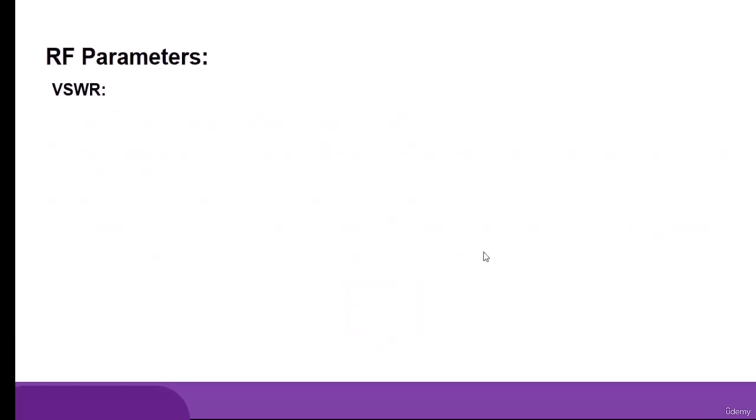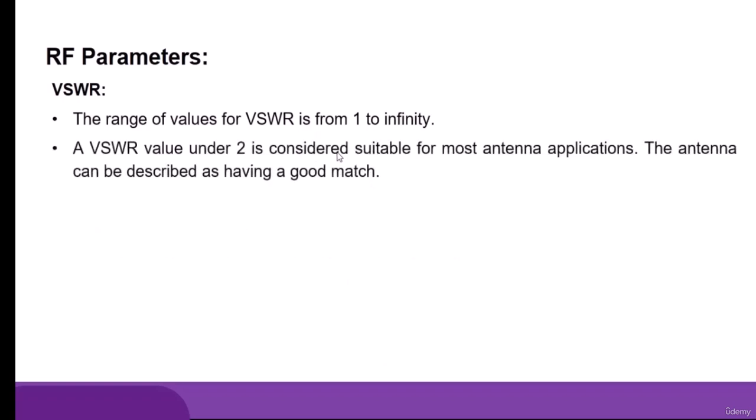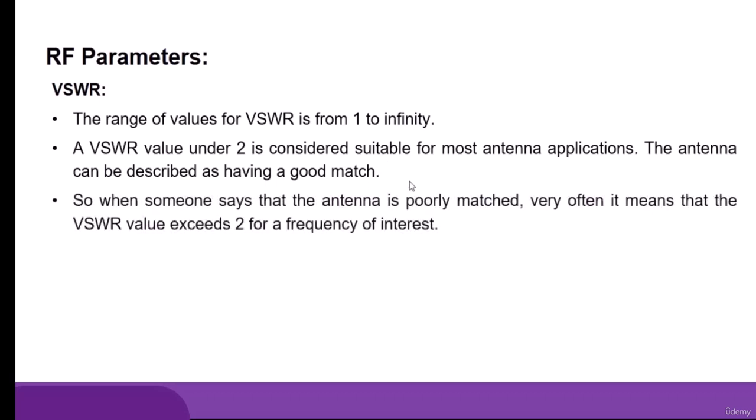The range of VSWR is from 1 to infinity and a VSWR value under 2 is suitable for most antenna applications. So if the VSWR value is under 2, the antenna can be considered to have a good match. If the value of the VSWR is 2 or under 2, then it shows that its impedance is very well matched with the transmission line of the antenna.